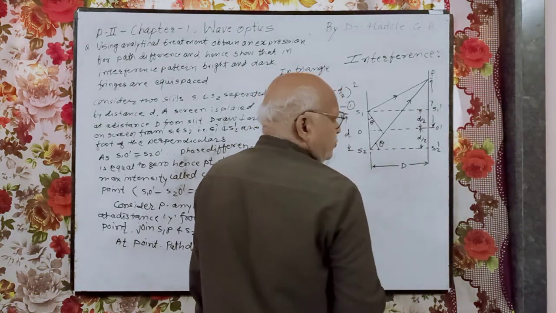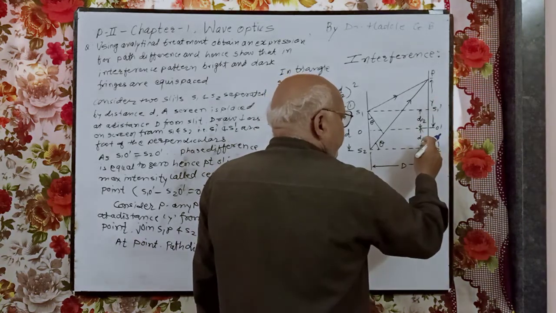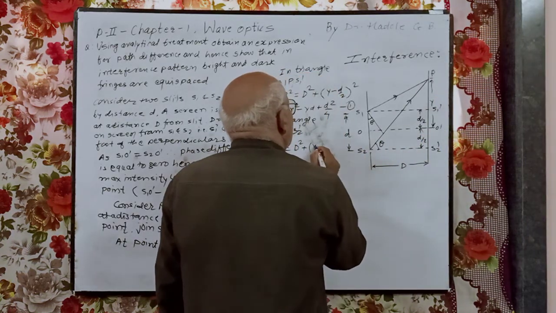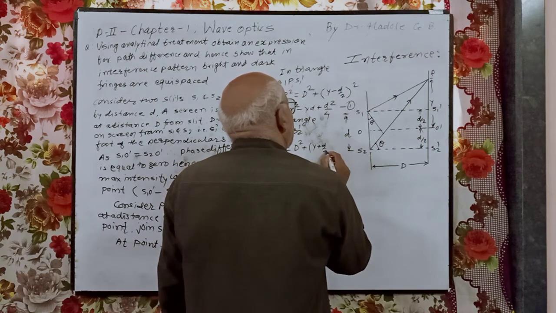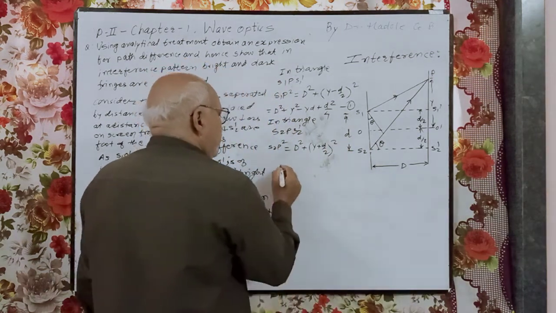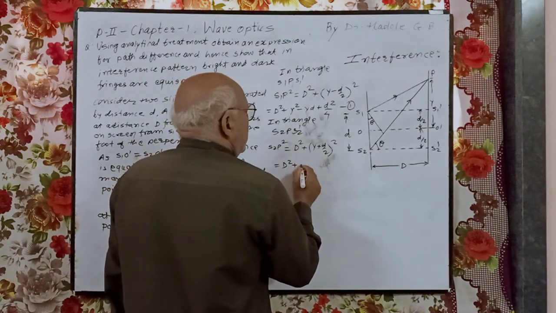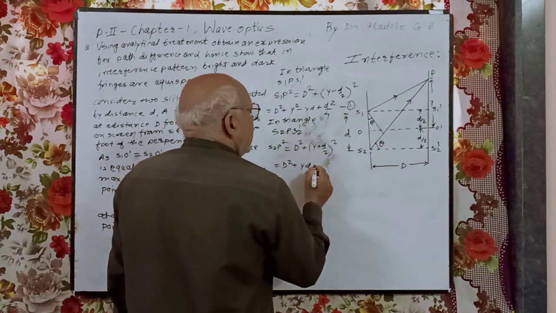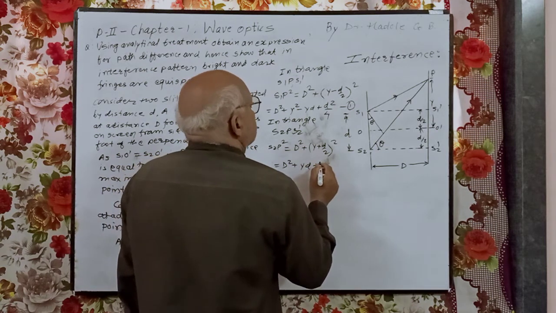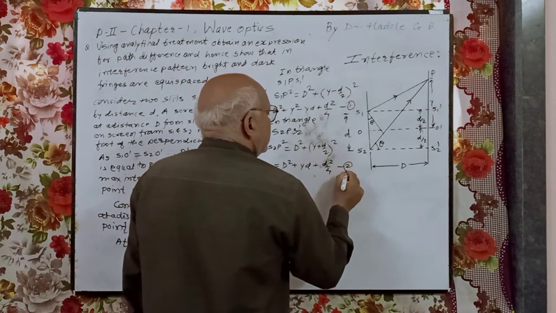This S2 dash P square is nothing but y plus d by 2, whole square. Let us solve this: D square plus y into d plus d square by 4. This is equation number 2.